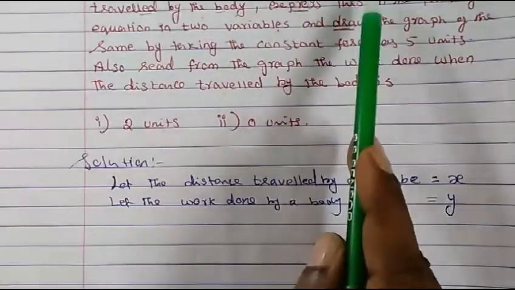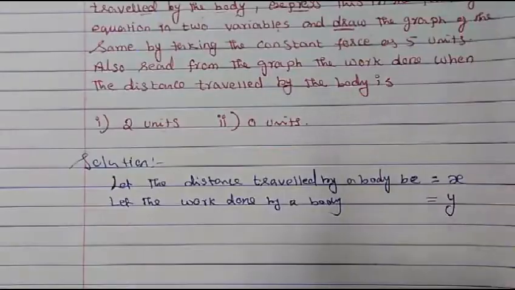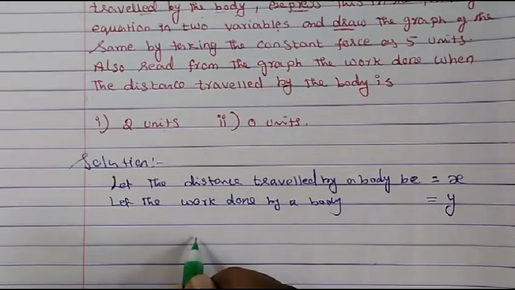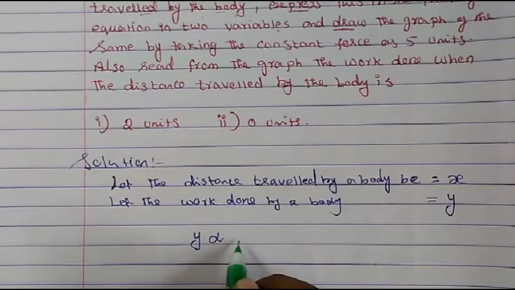So now what is said, it is directly proportional, right? So that means how much work is being done is directly proportional to the distance traveled by the body. So how much work is being done, that much it will move. That is the meaning of directly proportional.